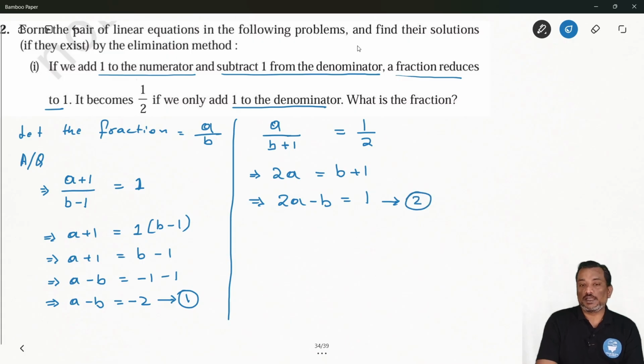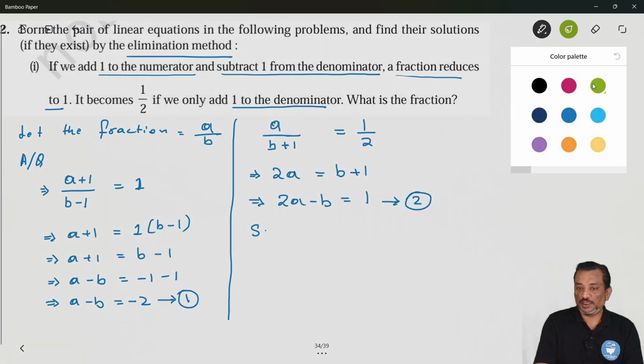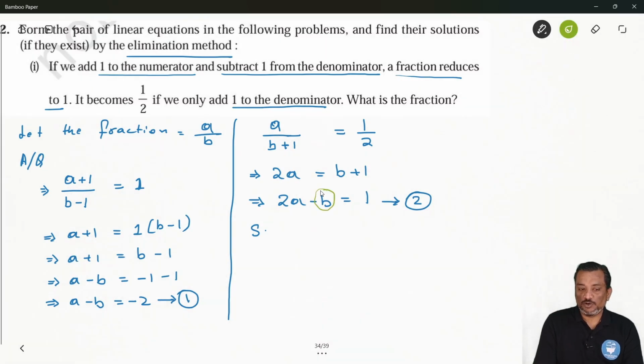Okay. Now it is saying you have to use the elimination method. ठीक है, हमें एलिमिनेशन मेथड को यूज करना है सिंपल वे में, हम ज्यादा इधर उधर नहीं करेंगे. सो सिंपल वी विल से सब्ट्रैक्ट. तो हम यहाँ पे आप देखोगे, if you see, we will go with this, b coefficient in both are same. ओके, सो वी विल से सिंपल वे सब्ट्रैक्ट equation 1 from 2.